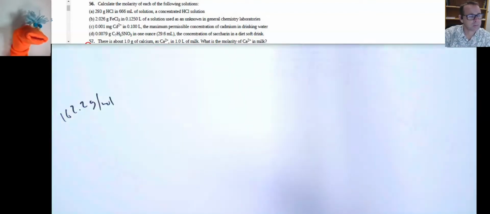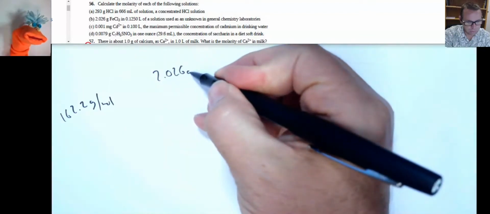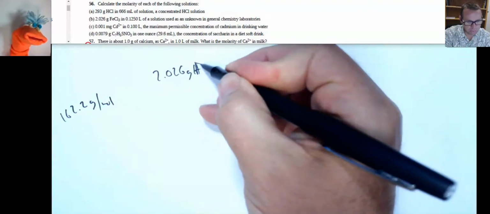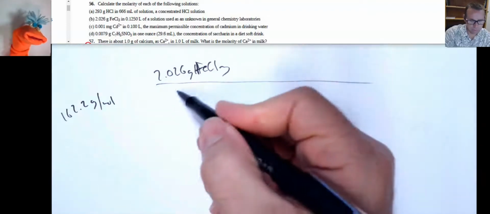All right, and I'm starting off with 2.026 grams of FeCl3. All right, and 0.125 liters.